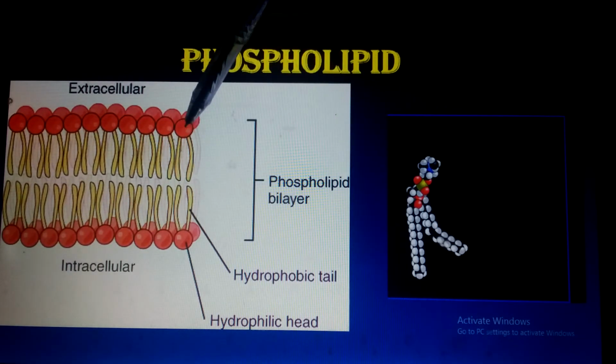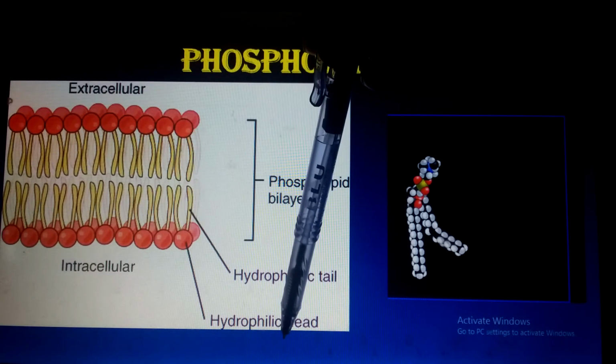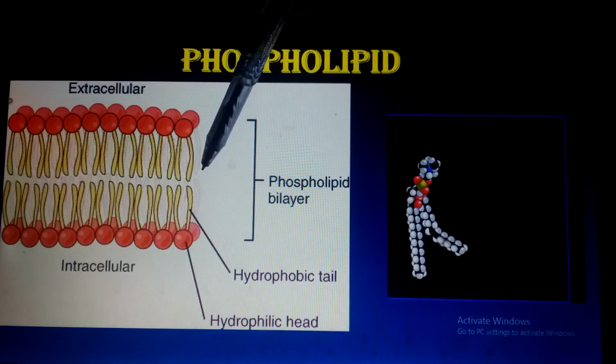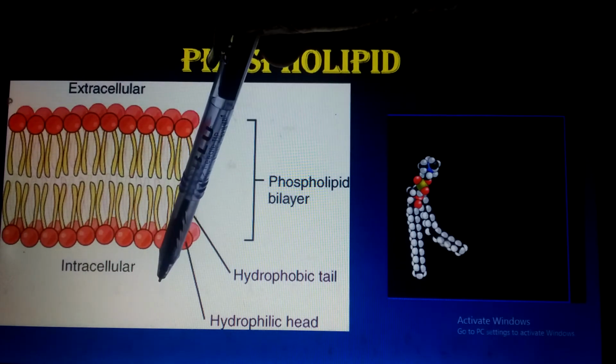And the head, which contains the phosphate group, is hydrophilic. Is it clear? Now this structure prevent the cell membrane to dissolve in the aqueous compartment on both sides.